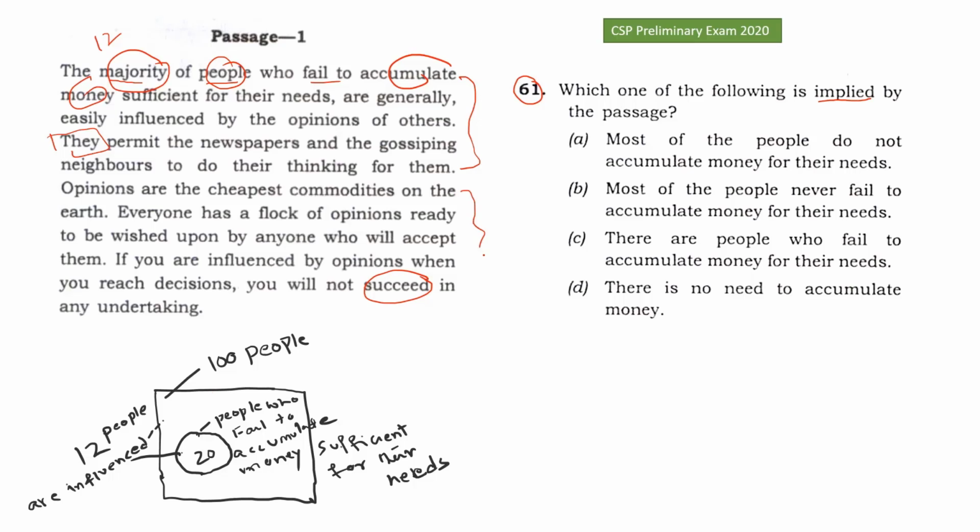This story is not about these 12 people. Maybe the last sentence, if you are influenced by opinions when you reach decisions, you will not succeed, can be connected or related to these 12 people. That means these 12 people are influenced by opinions. So maybe they will not succeed, something like that.